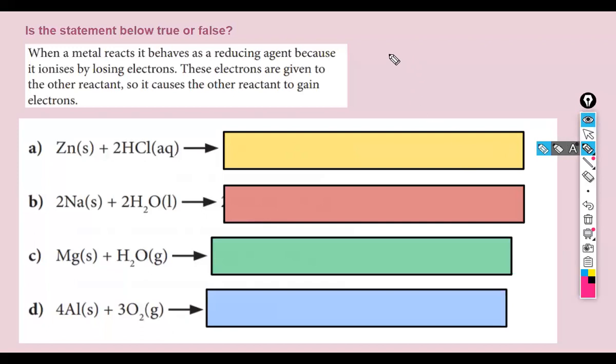The simplest example here is sodium and chloride. All right, some people are saying it's true, and a handful of people are saying it's false.